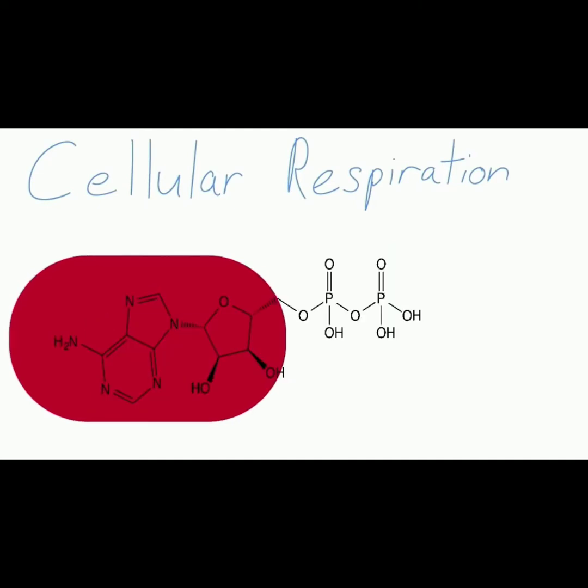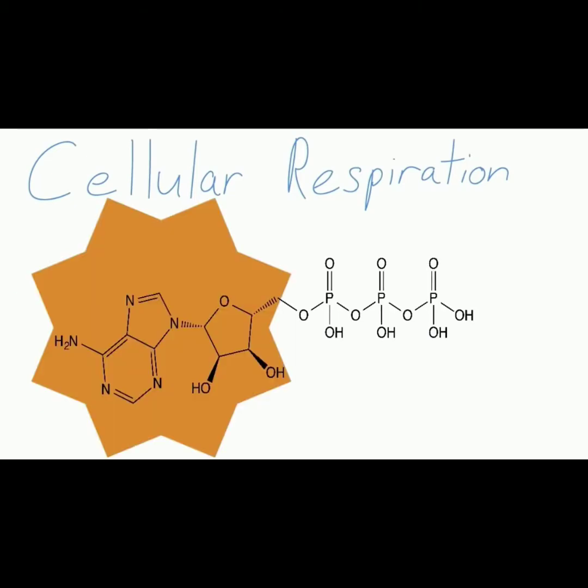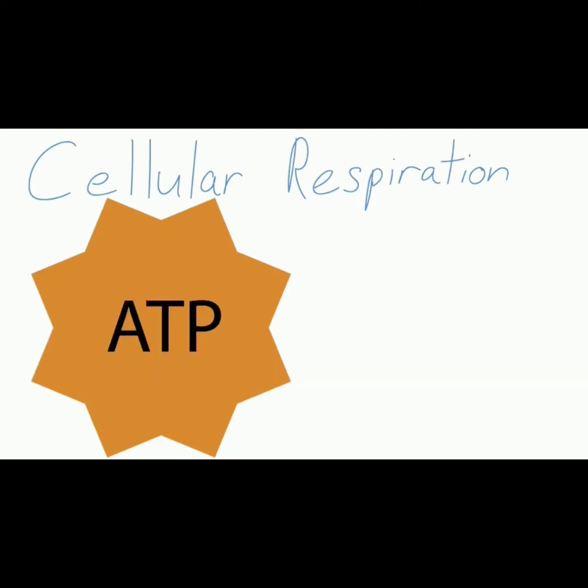Cellular respiration turns ADP into ATP by adding back the 3rd phosphate group. This stores energy in the bonds of the molecule so that the cell can later use this energy to perform its functions.